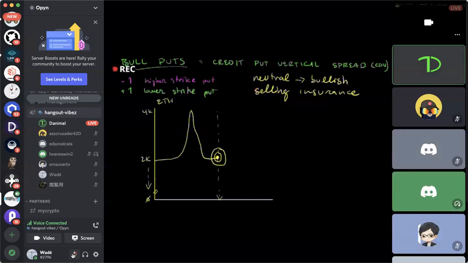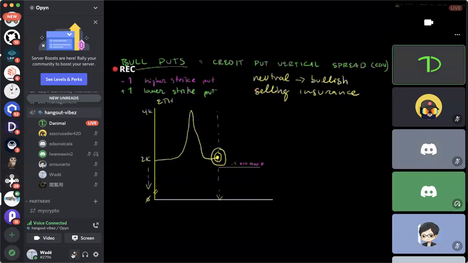So let's say, okay, I'm going to sell a -1 1700 strike. This is a put now, so now we're looking at the P. And then let's buy a strike below that. Actually, just to keep it in more common intervals, let's go to 1500. And then let's go to 1000 for our long leg, right?